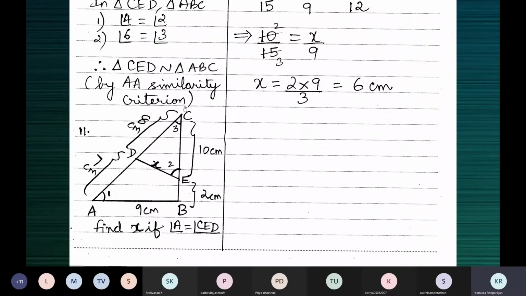Then you have the lengths of certain line segments, CD, DA, AB, BE, EC and all that. And we have to find X. X is the length of the line segment ED.